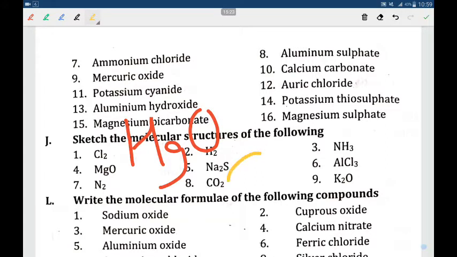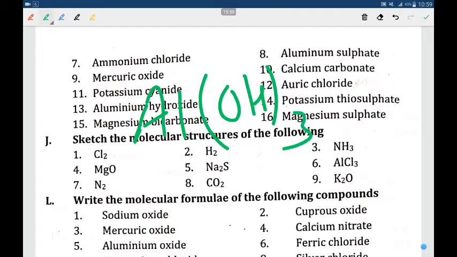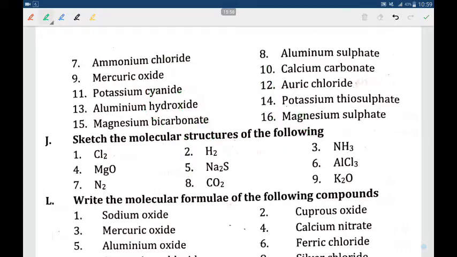Potassium carbonate, K2CO3. Potassium cyanide, KCN. Okay, cyanide is KCN. Auric means gold. What is that? AuCl3, auric chloride. Aluminum hydroxide is Al(OH)3, aluminum hydroxide.